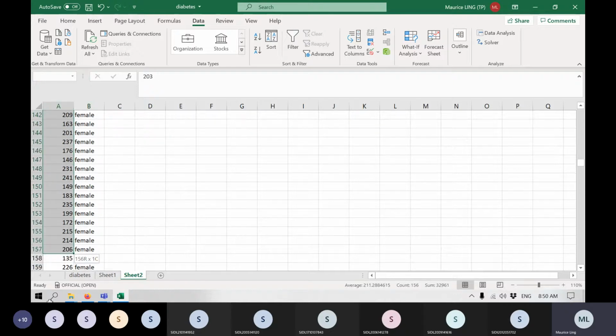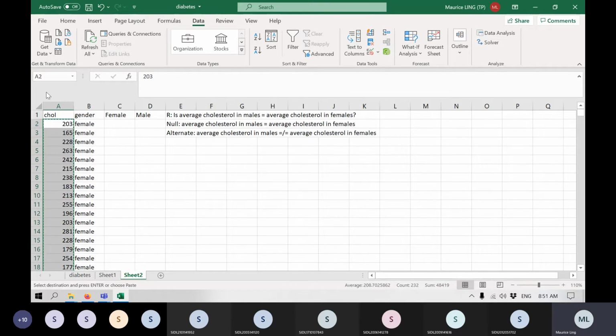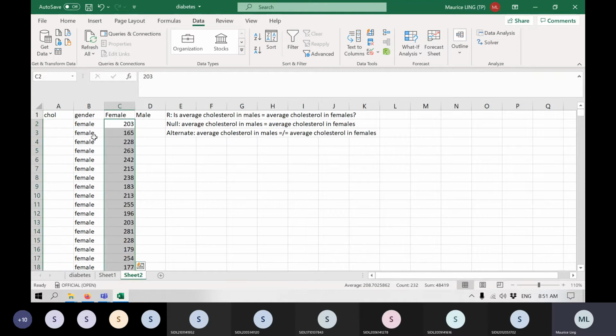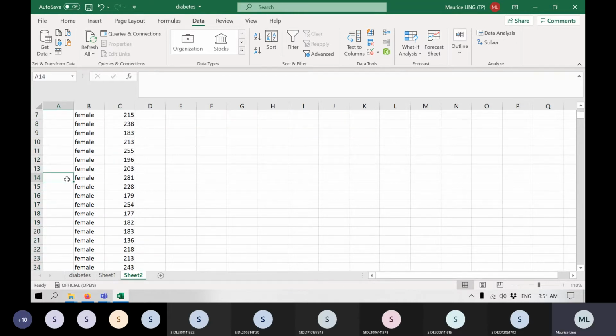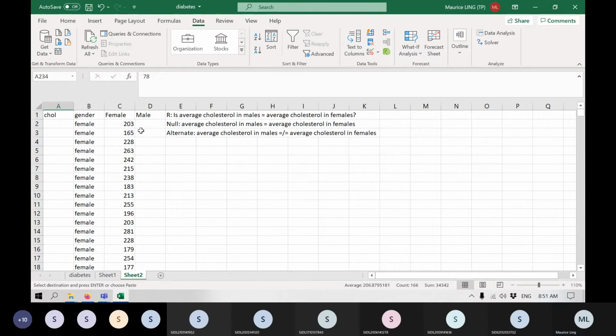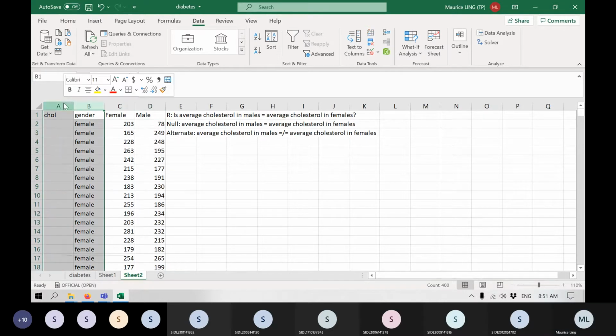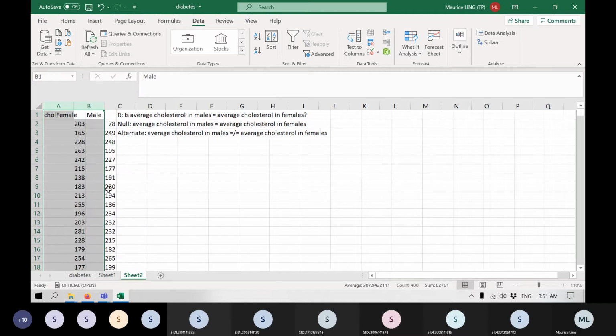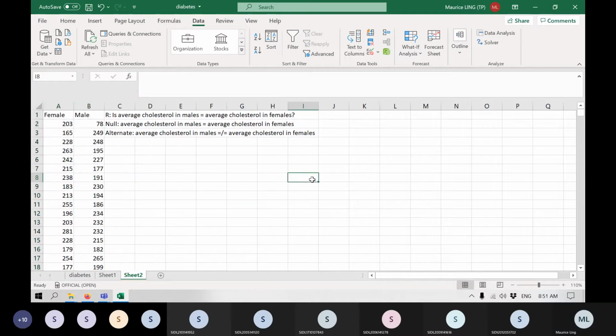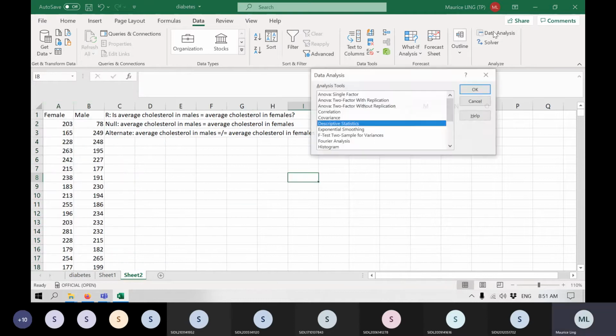So you just cut the whole female section, put it into females, then cut out the males, go and put on the male section. Then you delete.